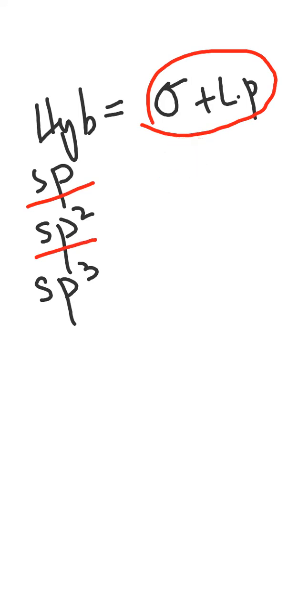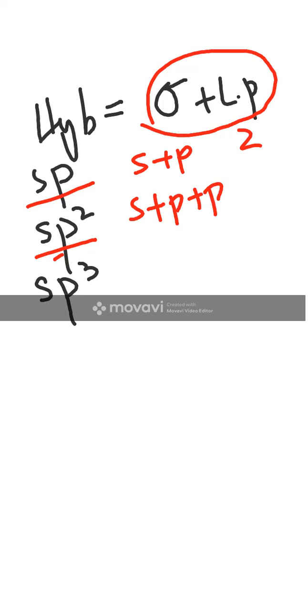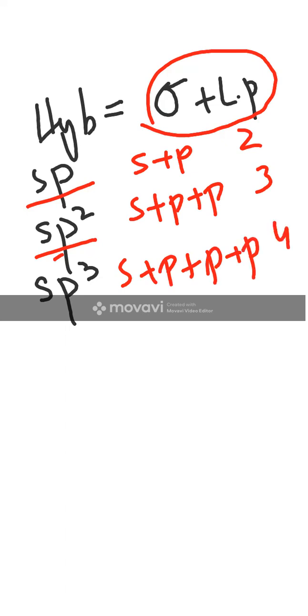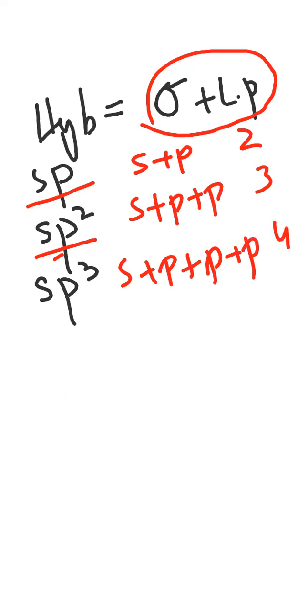Sp means s plus p, 2 orbitals. sp2 means 3 orbitals. sp3 means s plus p plus p plus p, 4 orbitals. So if the sum of sigma bond and the lone pair is equal to 2, means sp. If the sum of sigma bonds and the lone pair in a given thing is 4, it means sp3 hybridization.